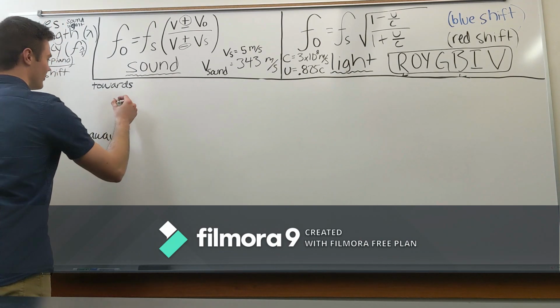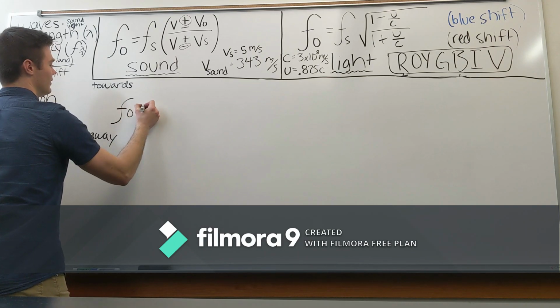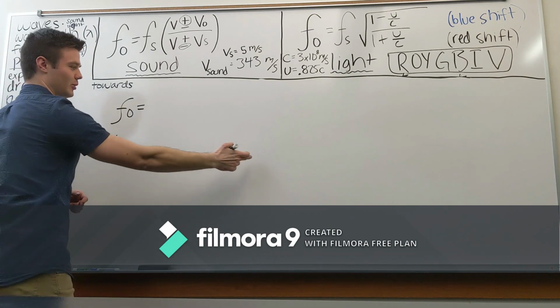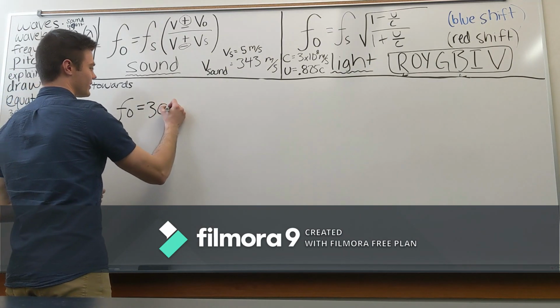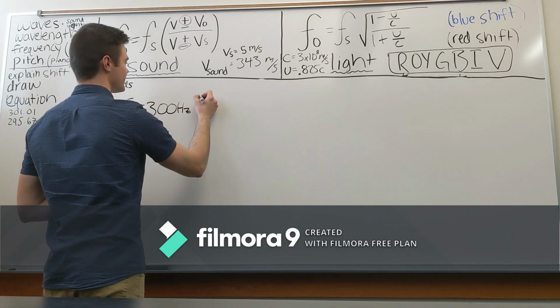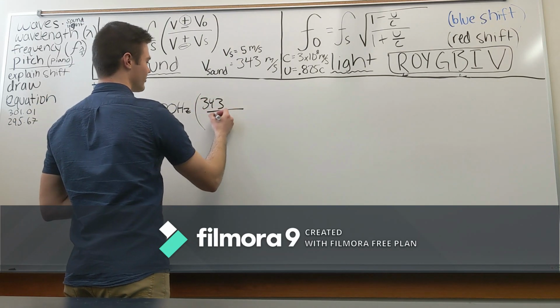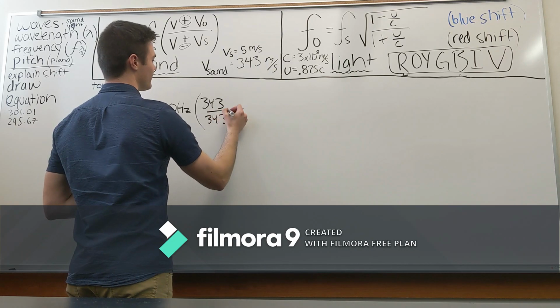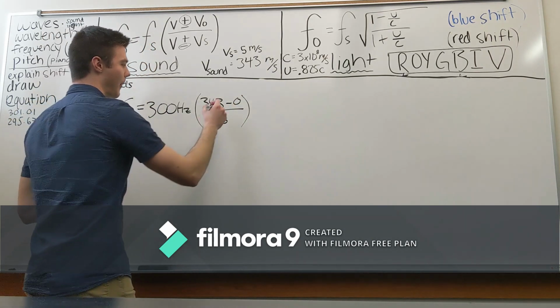So in this example, let's calculate the frequency that our person was hearing. The frequency of the source, we're just going to say that's 300 hertz. The velocity of sound is 343, and that's minus 0 in this case.